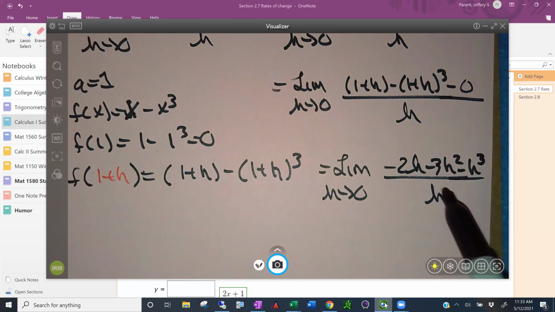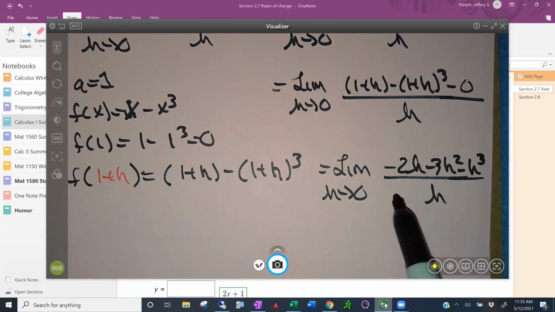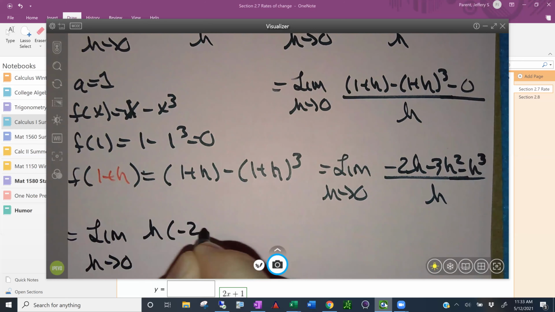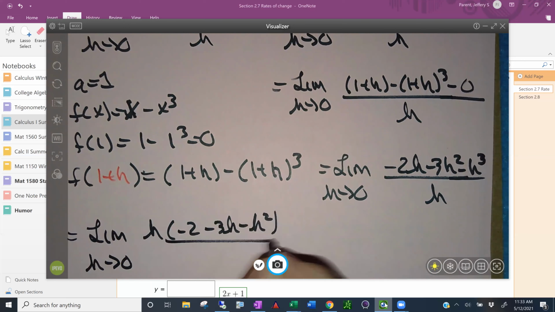But for now, we can't play our favorite trick. We can't plug in h equals 0. It just doesn't work. So what are we going to do? I'm going to factor out the h, which leaves behind minus 2, minus 3h, minus h squared.